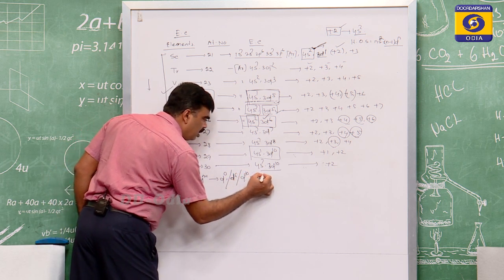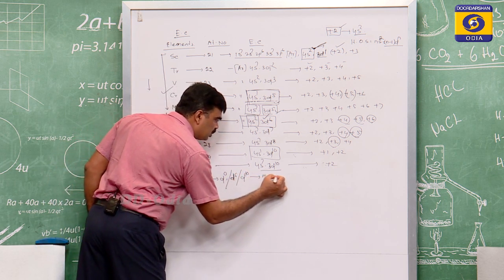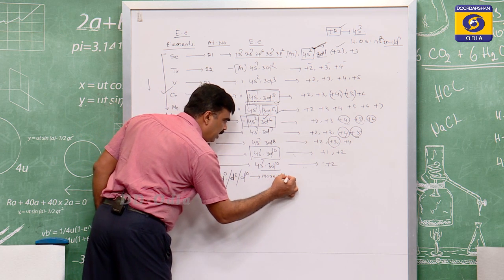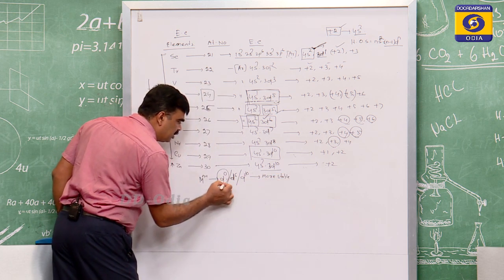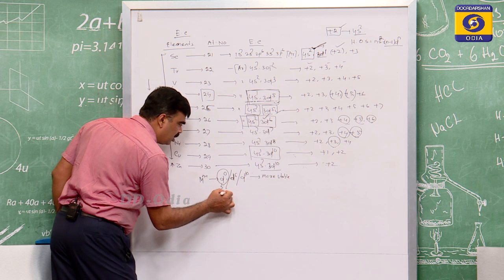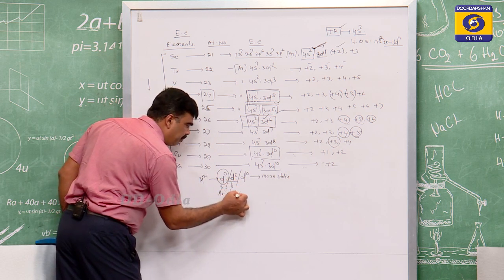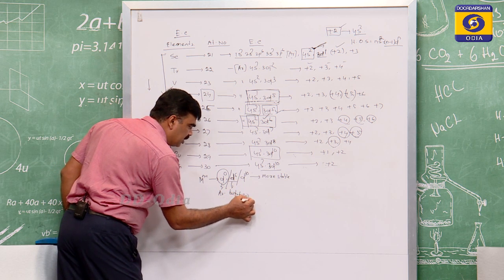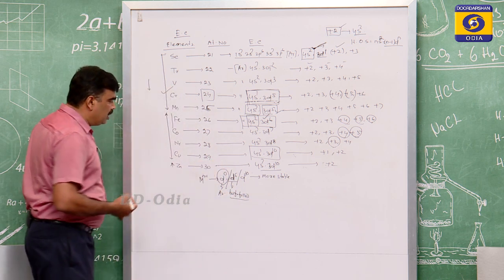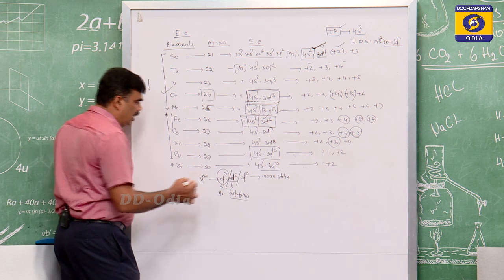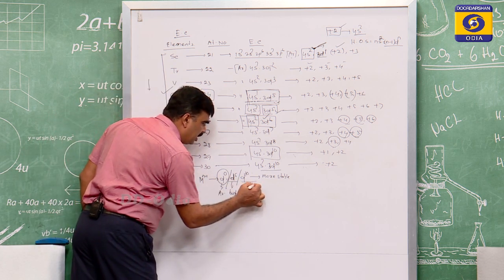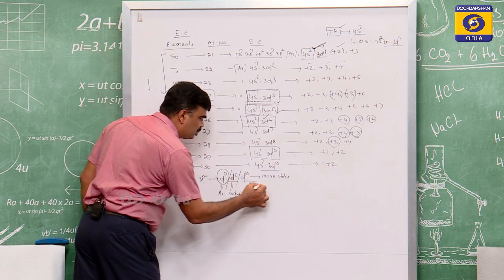are supposed to be more stable, because d0 configuration means it has almost argon configuration. d5 means exactly half-filled configuration, and you know exactly half-filled configuration, the elements are more stable. And this is the fully filled orbital. Fully filled orbitals are more stable.